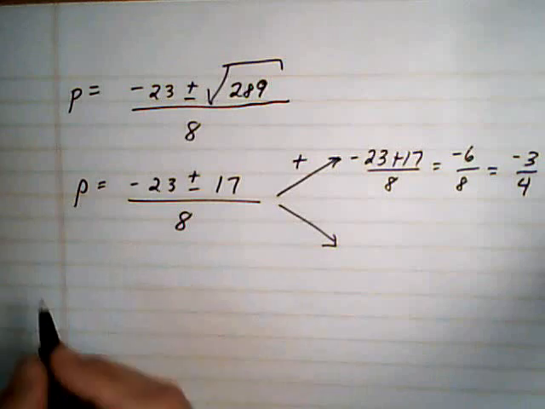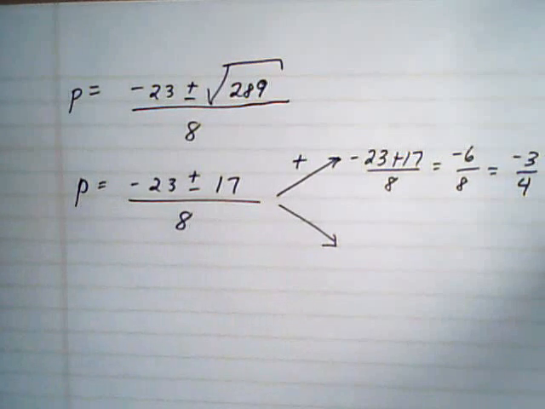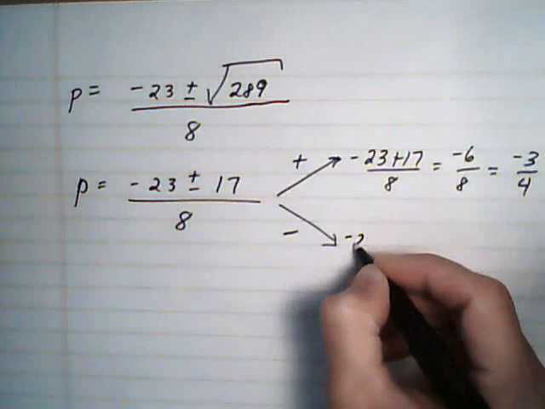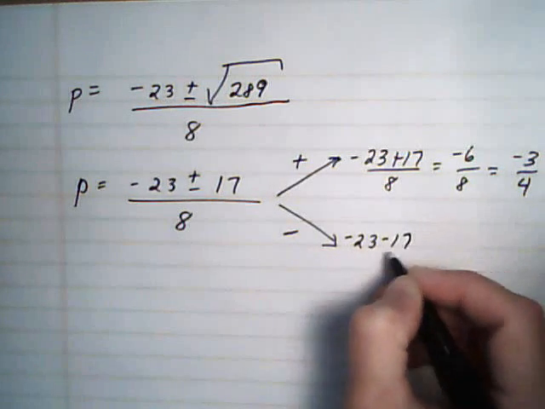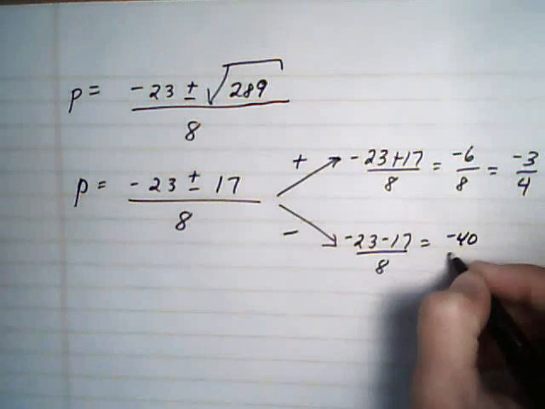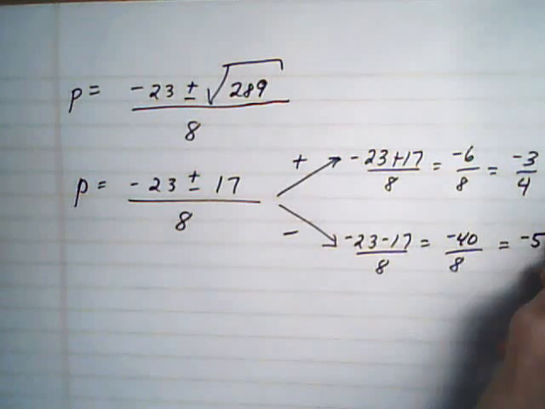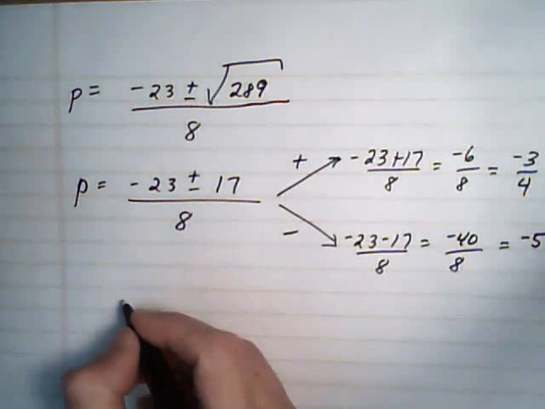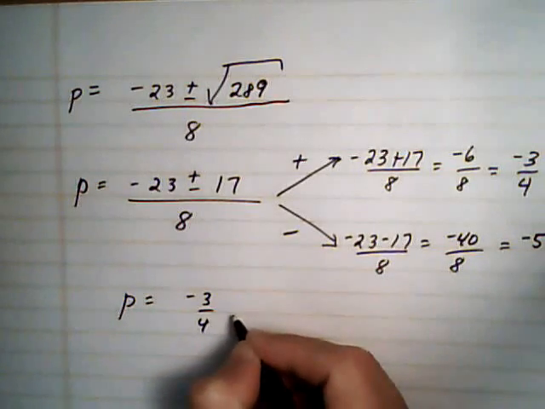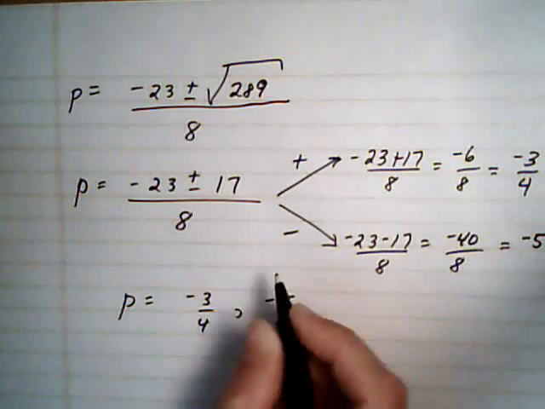Alright, so one possible solution for p by the quadratic formula is minus 3/4. The other one, use the minus sign. Minus 23, take away 17 over 8, and that gives us negative 40 over 8, or negative 5. So our solutions for this equation are p is minus 3/4, or p is minus 5.